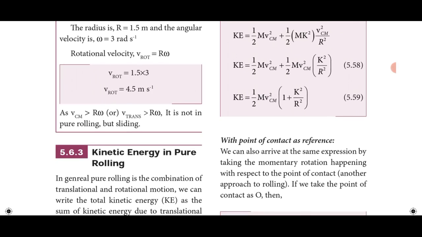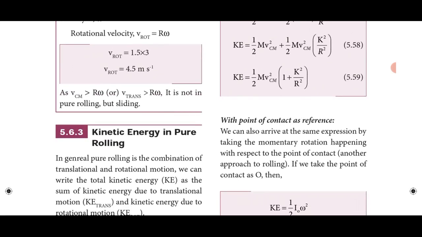Taking the common factors out, KE is equal to (1/2) M Vcm square times (1 plus k square by r square).